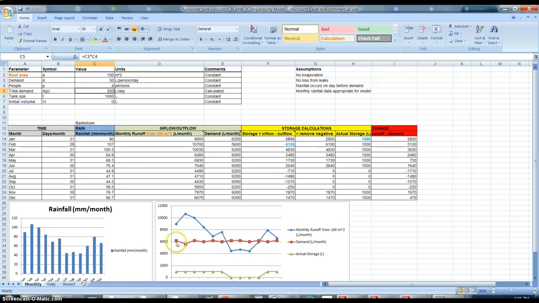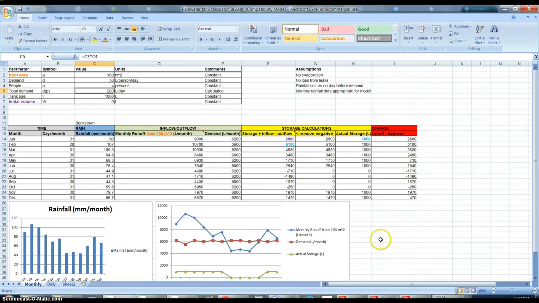So the demand has doubled, and you can see here that the total inflow dips below the demand for 3 or 4 months, and you can see here that the storage volume of 1,000 litres, as soon as it dips below, we've got a net negative amount of water, and we reach a 0 storage. So I suppose you can imagine that scenario that if there wasn't a big enough storage, then people would be going thirsty for 4 months.